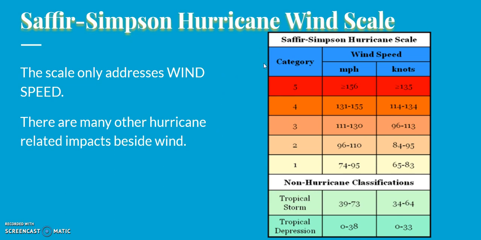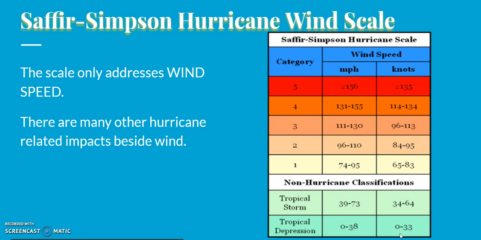But here is our Saffir-Simpson hurricane wind scale. At the very bottom is tropical depression. Remember, the baby bear of the family. Sustained winds are no more than 38 miles an hour. Make sure you look at your wind speed scale. This column is miles per hour.